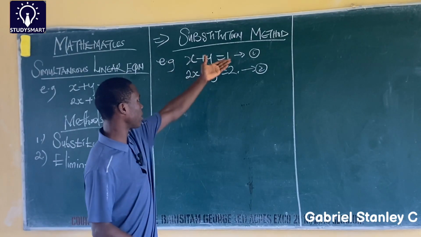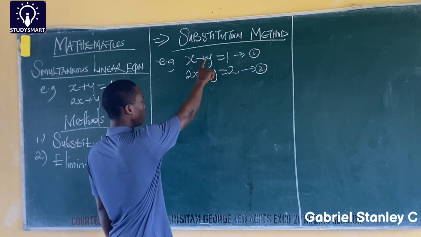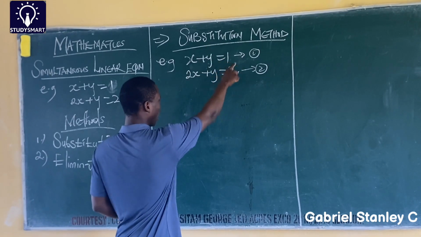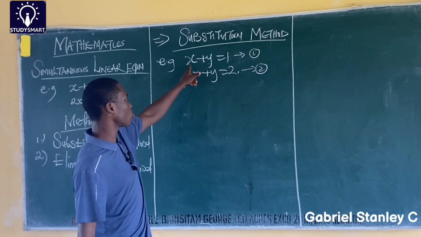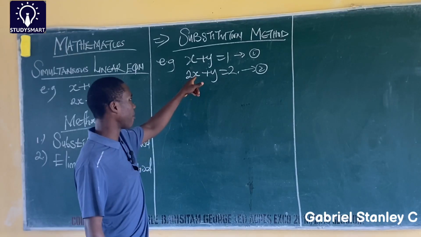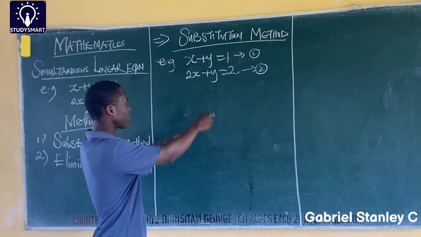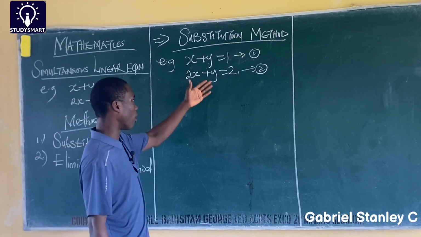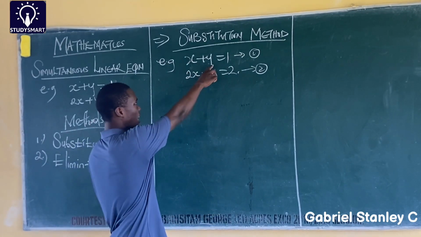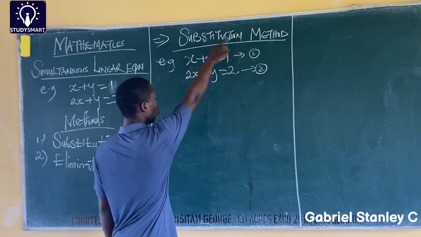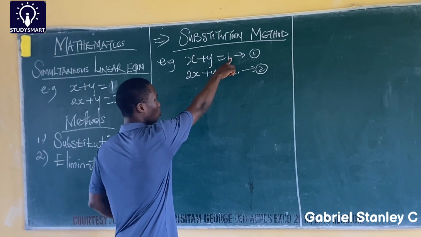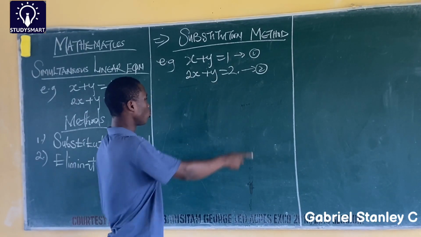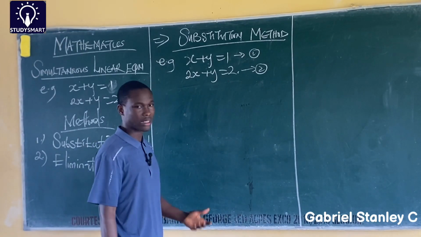If I make x the subject of the formula in equation 1, I get 1 minus y. If I substitute 1 minus y anywhere I have x, you see that the second equation becomes uniform in terms of y. Likewise, if I make y the subject of the formula, it becomes 1 minus x. If I substitute 1 minus x in that place, this expression becomes uniform in terms of x.